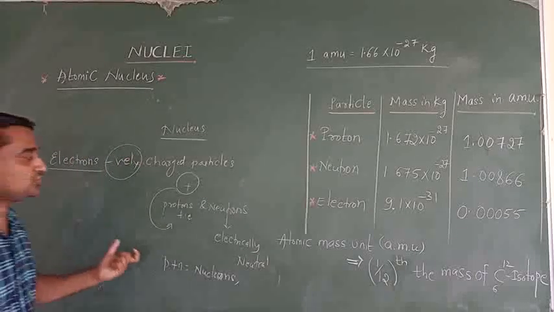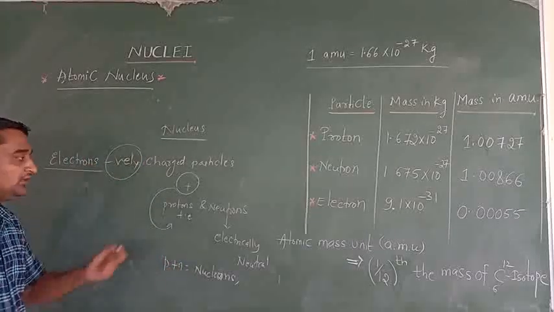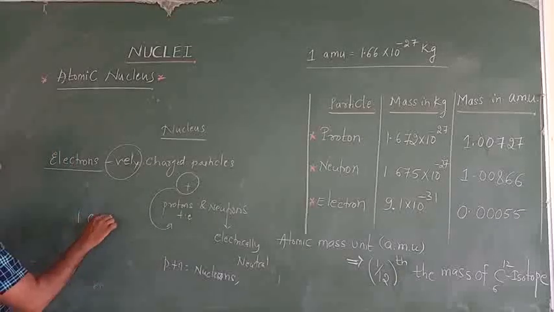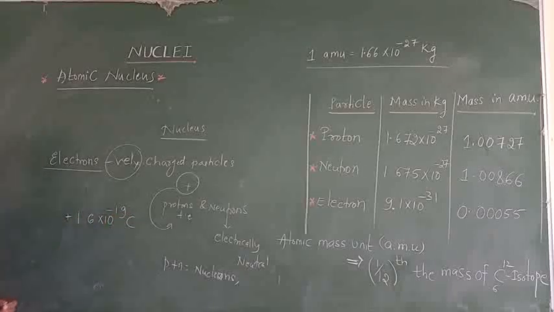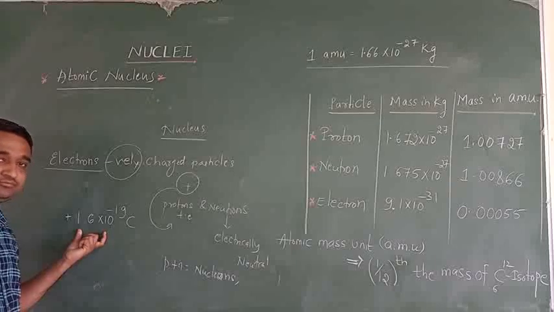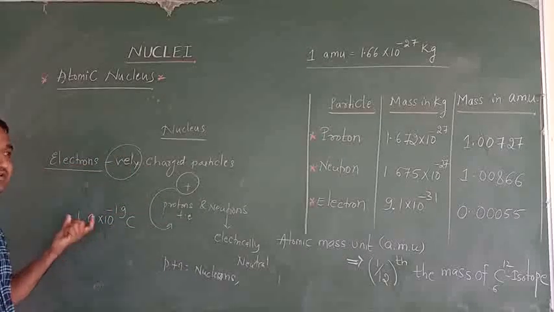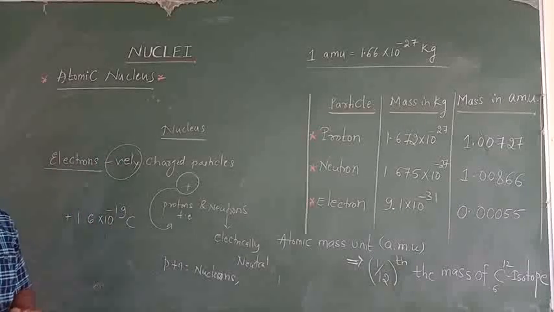What is the magnitude of the charge of the proton? The magnitude of charge of the proton is 1.6 into 10 to the power minus 19 coulomb. It is plus. So the magnitude of charge of the proton is equal to that of the electron, but it is positive. For the electron it is negative.